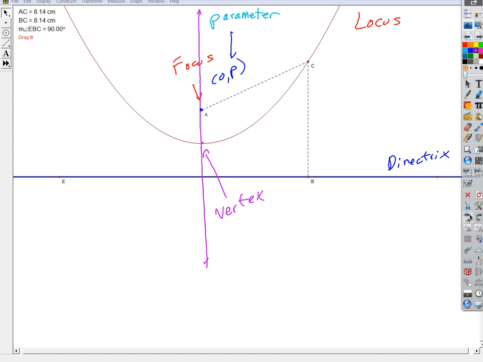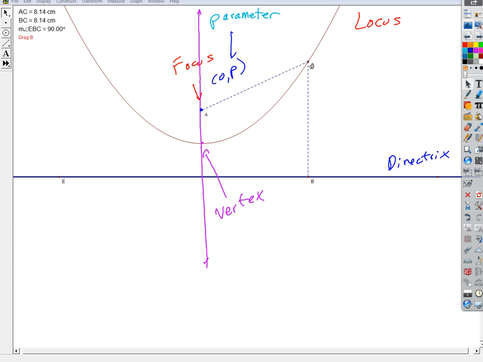Okay, but what about the coordinates of this point right here? Remember, that point is a representative point. There are an infinite number of points in this locus of points that come together to form a parabola. I chose P here because that's a parameter, right? But the coordinates of what we're now calling point C up here have to be able to vary even for a given parabola, right?